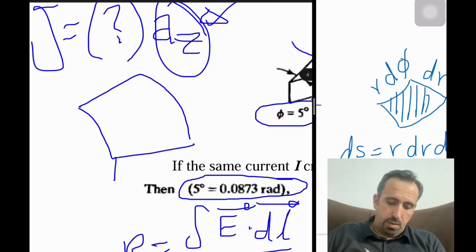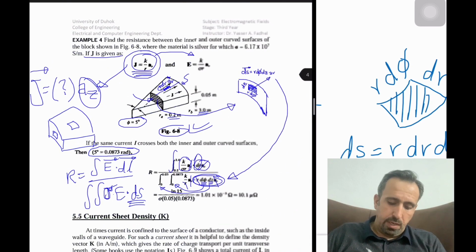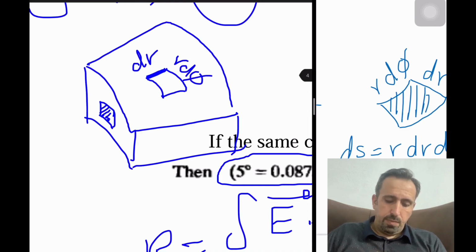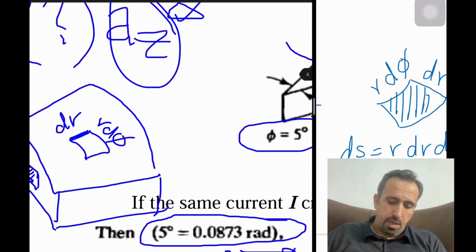If you take this piece of conductor like that and think about this piece of area, now what is this dimension? It is dr. And this one is r d phi. So who can tell me how much it will be?